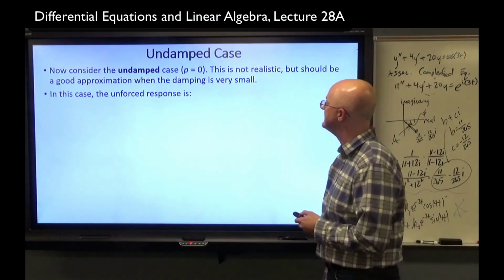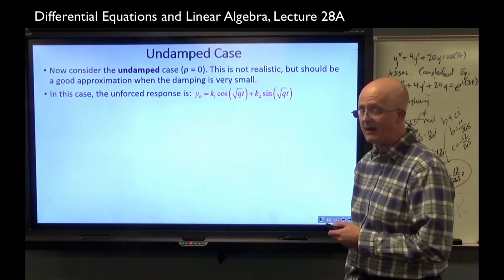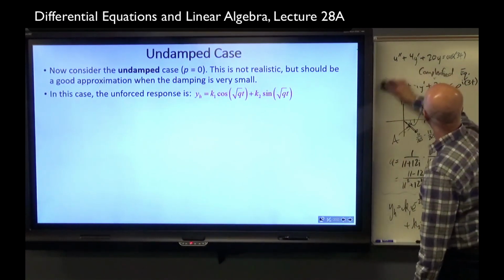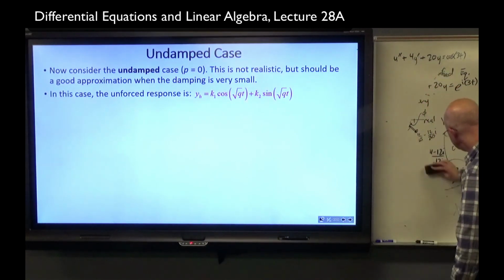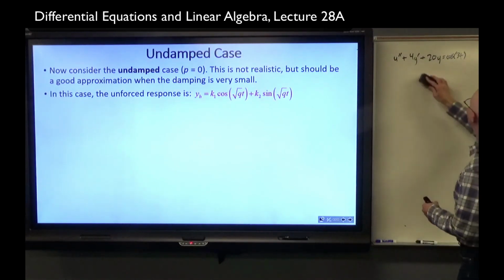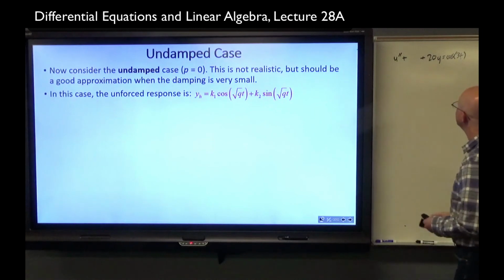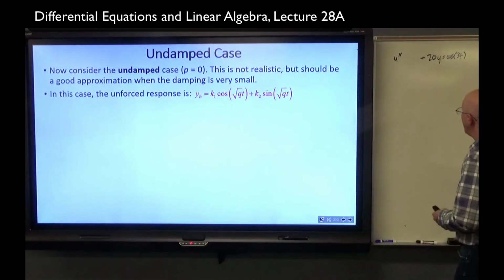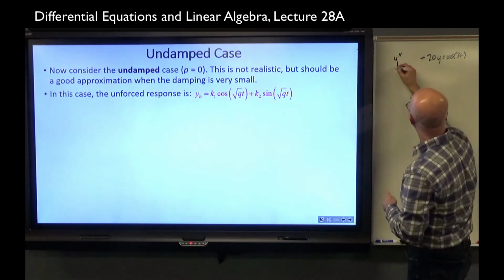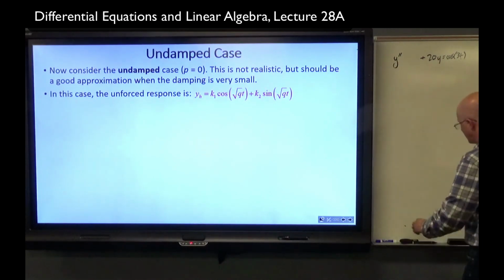Again, it's not realistic, but should be a good approximation when the damping is very small. In this case, the unforced response simplifies, so I'm no longer considering this example anymore. I'm considering an undamped case, so p is 0. y'' + q y = cosine omega t, for some omega.